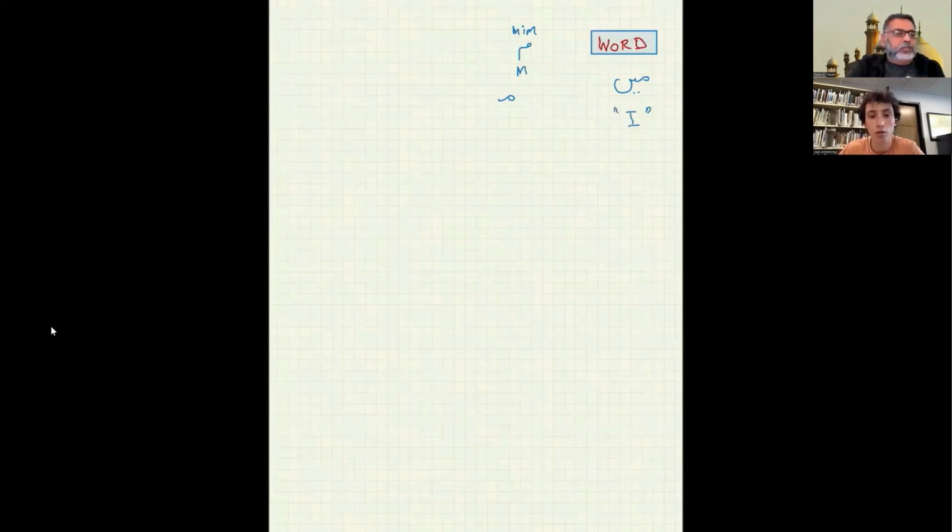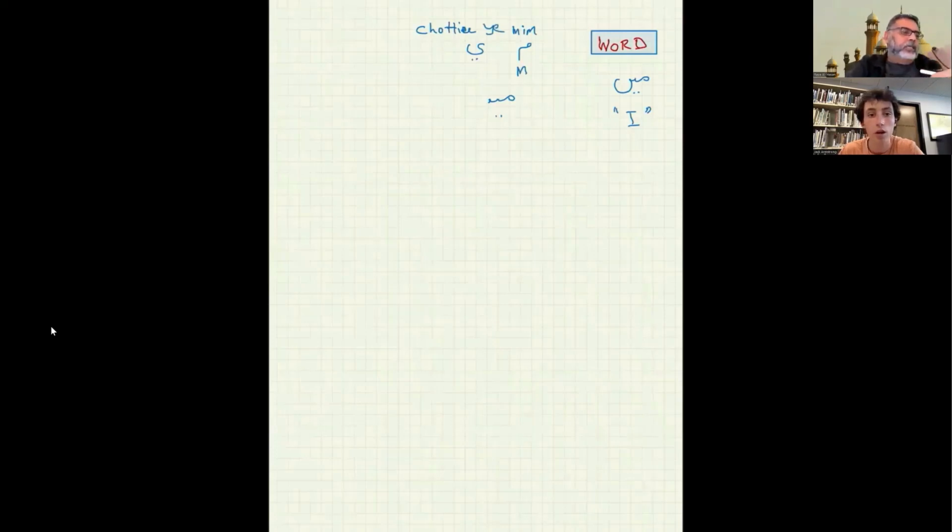Then we're going to do the middle letter, which is choti ye, and it has two dots. So this is the choti ye. Let me write that.